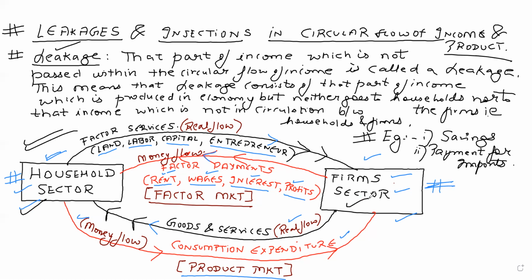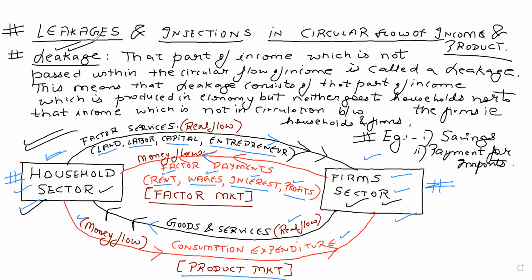Domestic firms means firms within the economy. Now when I import some commodity from abroad, I will be making the payment to the foreigners. This means that this income is not getting circulated between the households and the domestic firms. It is going to the outsiders. So it is a leakage. You need to understand it very simply.